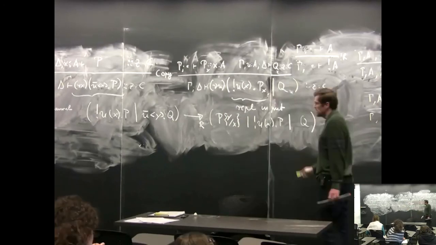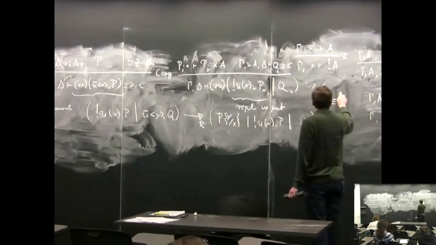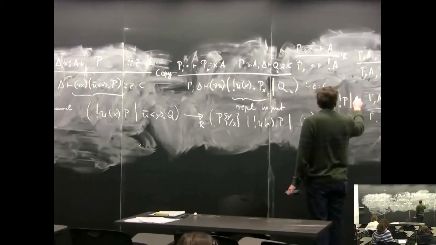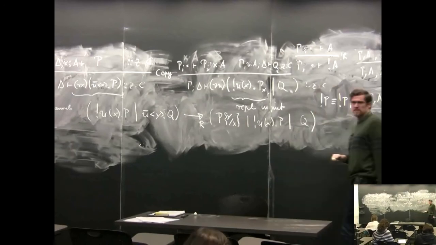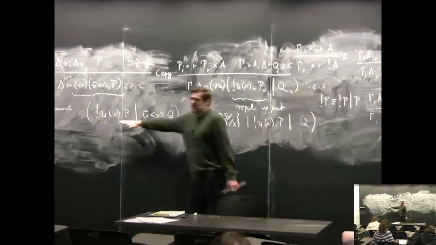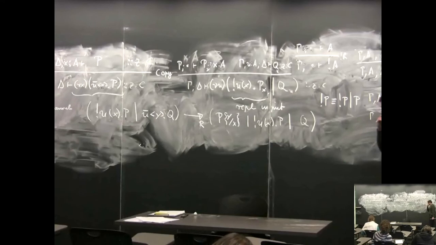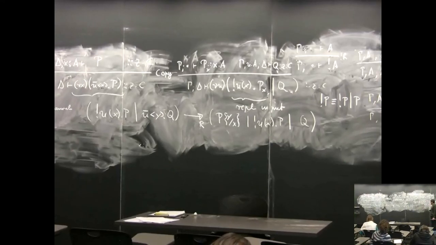And it's a special case of the general rule of replication: if you have a bang P process, it's equivalent to bang P in parallel with another copy of P. So we only use it for the special case that this is a replicated input. We don't use the general replication. So this is how it works out.